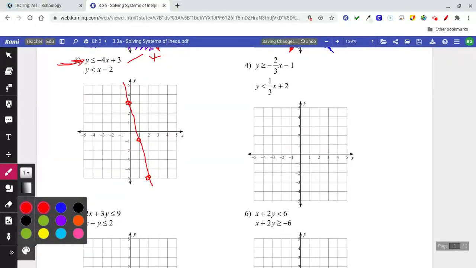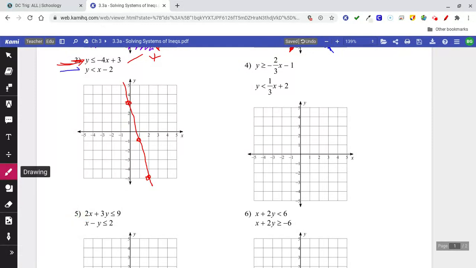The other line, or inequality, we start at -2 and give it a slope of 1. So I go up 1, right 1, up 1, right 1. This is a dotted line. It's dotted, and I shade down. So down below both of them.